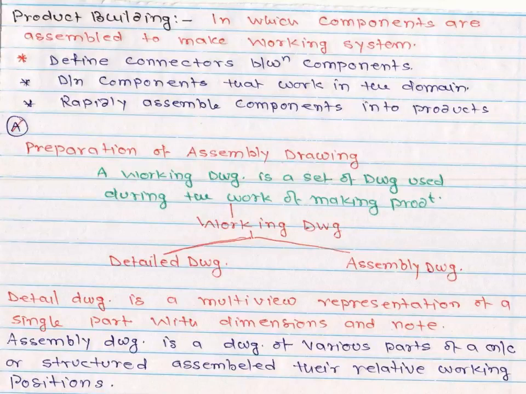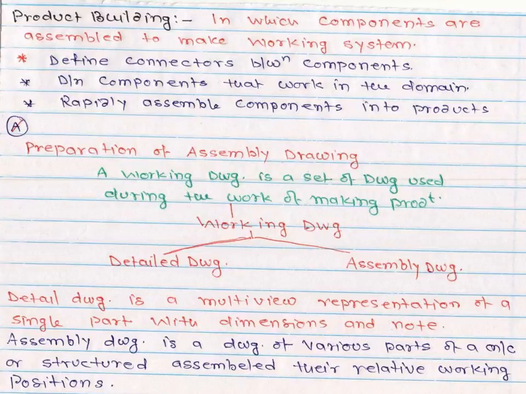So the working drawings are the detailed drawings and assembly drawings. The detailed drawing is a multi-view representation, like plan, elevation and side view, of a single part with dimensions and notes. So it is called a detailed drawing.